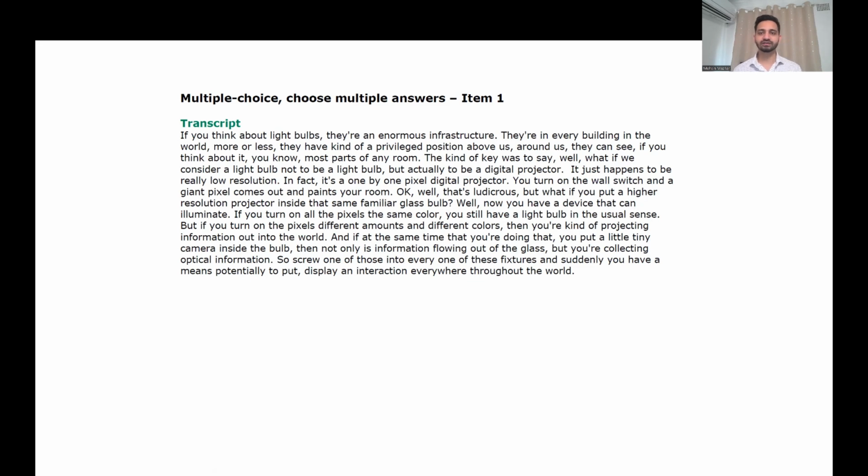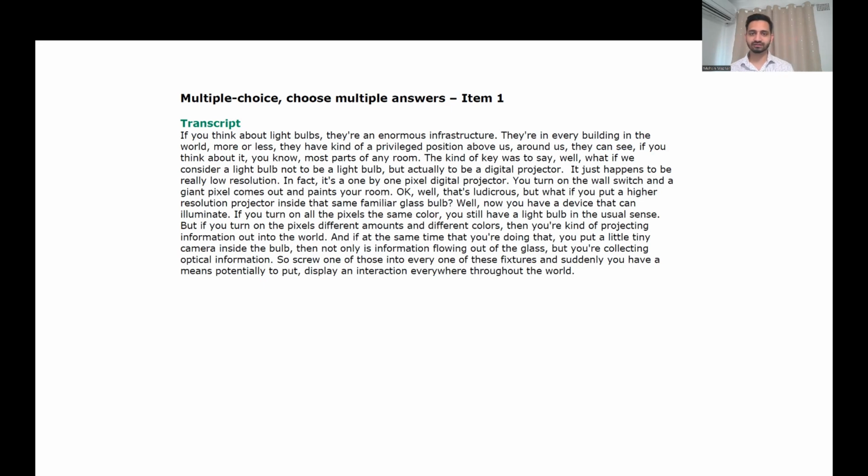The kind of key was to say, well, if we consider a light bulb not to be a light bulb, but actually to be a digital projector, it just happens to be really low resolution. In fact, it's a 1 by 1 pixel digital projector. You turn on the wall switch and a giant pixel comes out and paints your room.